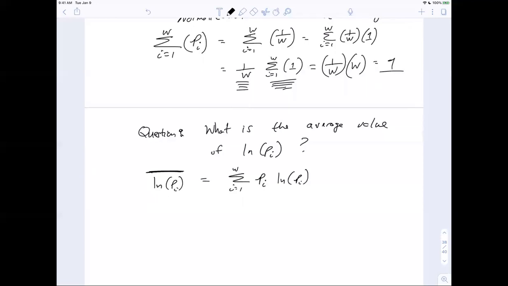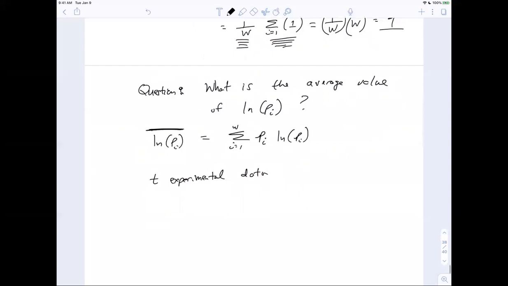In the past, what you've been told is, let's say you have T experimental data, where T is the number of experimental data points you may have, and let's say T is equal to 5.